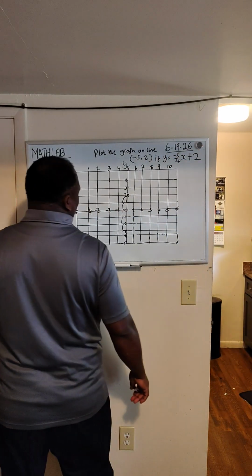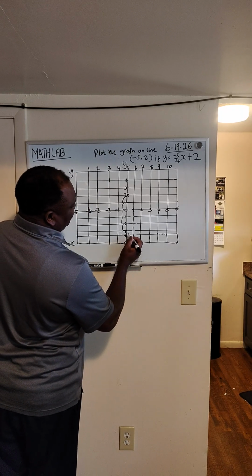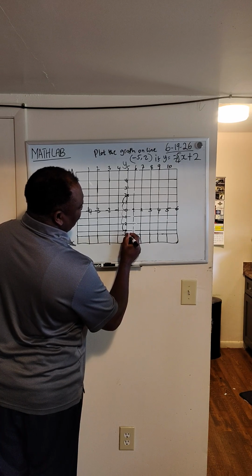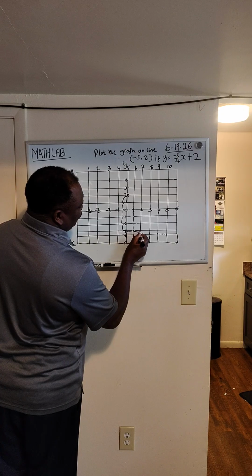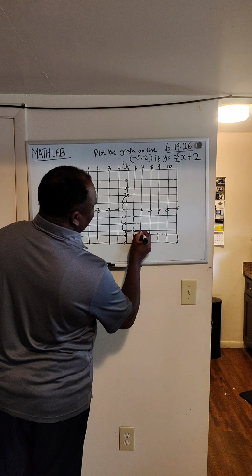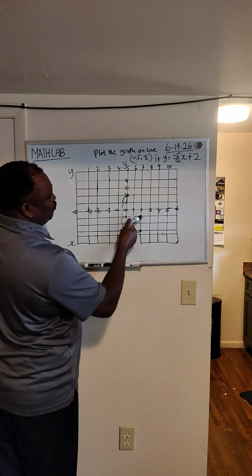So from here, that means we are going to count 2 steps towards our right. From negative 2 right here it's going to go 1 and 2, right? So our line is passing here at point 2. You can see it is aligned to point 2.